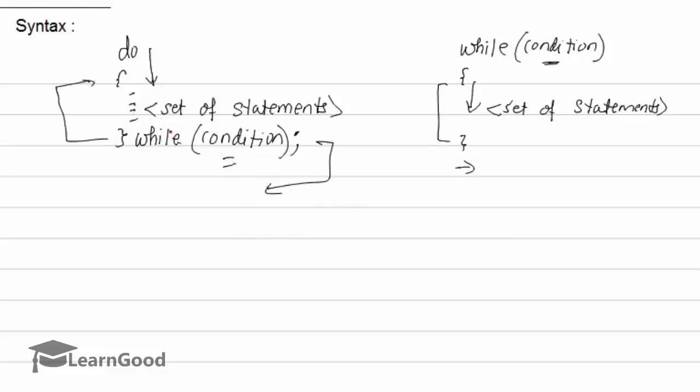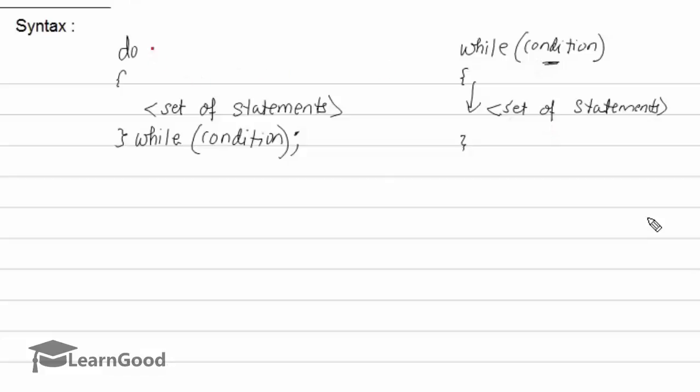The main difference between the while and do while here is, in case of while, first the condition is checked and then get into the loop. Whereas in case of do while, without checking any condition, get into the loop, execute the set of statements. In case of while, if the condition is false the first time itself, that means not even a single time the set of statements will get executed.